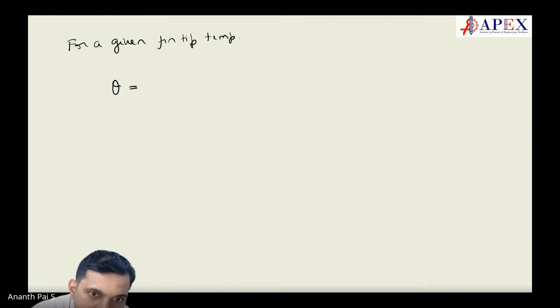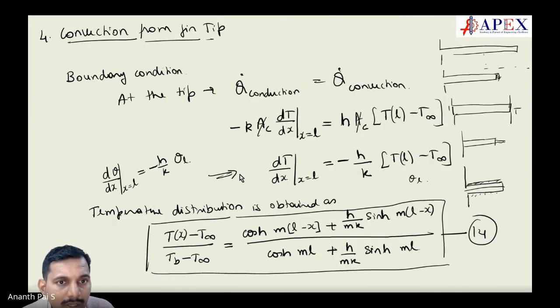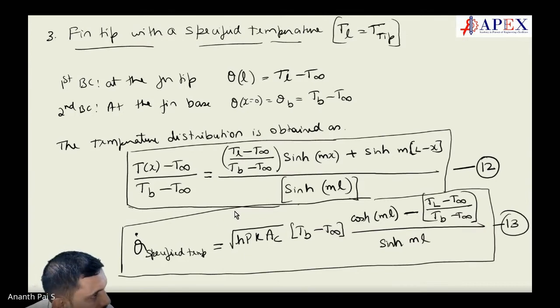Theta is given as, if you consider this side, so this is what we did. Not convection, this one. If you multiply here, this gets cancelled. Here you have 1 by Tb minus T infinity. You have to use this equation. Use this equation, students.